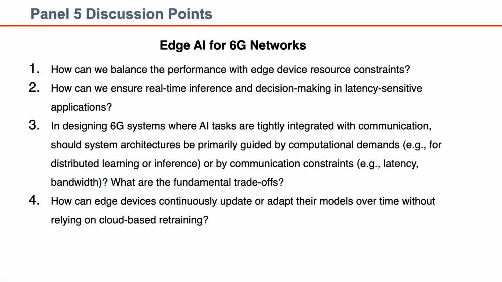So this connected and hierarchical edge AI architecture should allow edge devices to sustain high performance by leveraging centralized intelligence, even under stringent resource constraints. For this panel, we have 4 related questions.